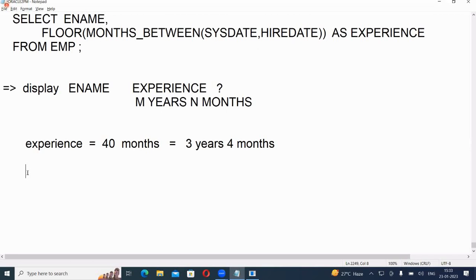You try that. This is not related to Oracle. This is related to mathematics. Converting 40 months into years and months is related to mathematics.